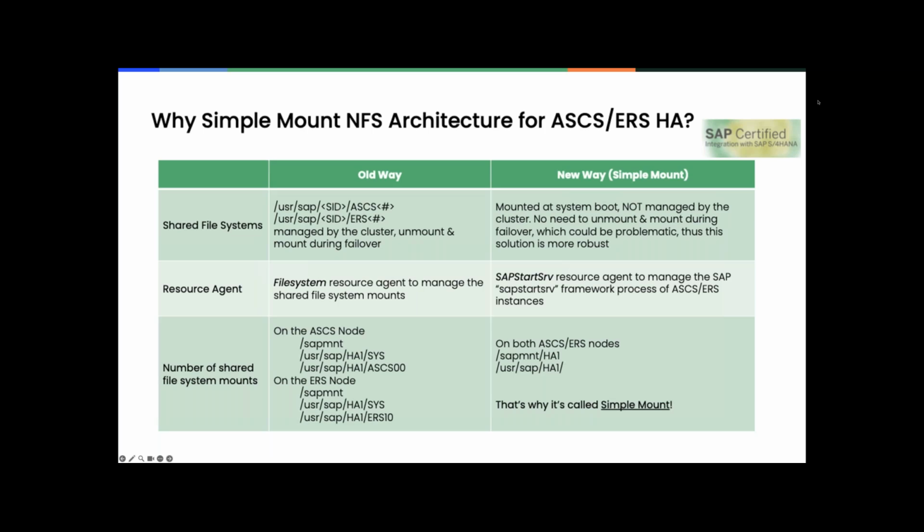The shared file systems are already mounted on the secondary node. So the failover is much cleaner and much faster. And again, this is all to avoid the old way where the cluster software would unmount, sometimes using the force unmount option, to mount those file systems on the surviving cluster node.